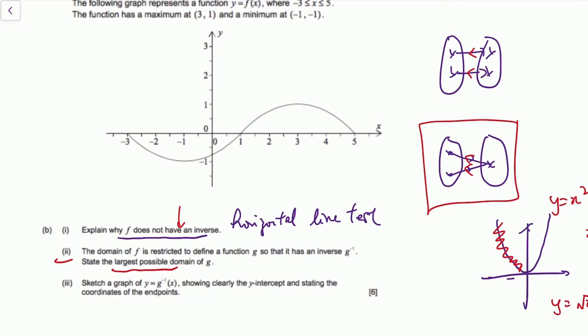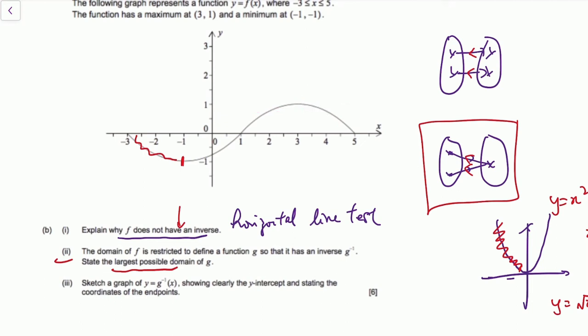Alright, so it should be kind of obvious, especially if I tell you the answer: when you chop away this part and this part, then this remaining part in the middle would be one-to-one, and that's also the largest, because any larger, if you include a little bit more, then this part would be many-to-one. Right, so this should be quite obvious.